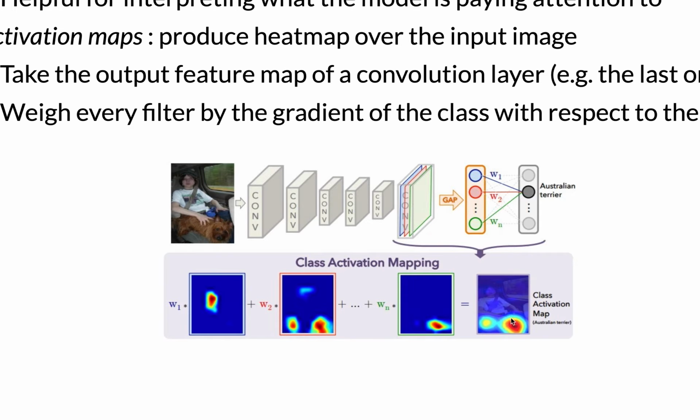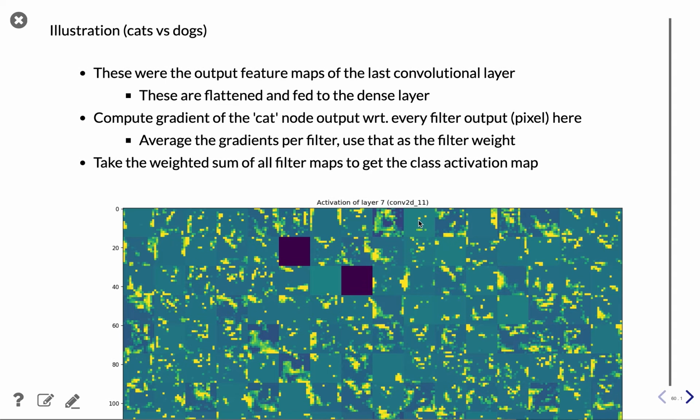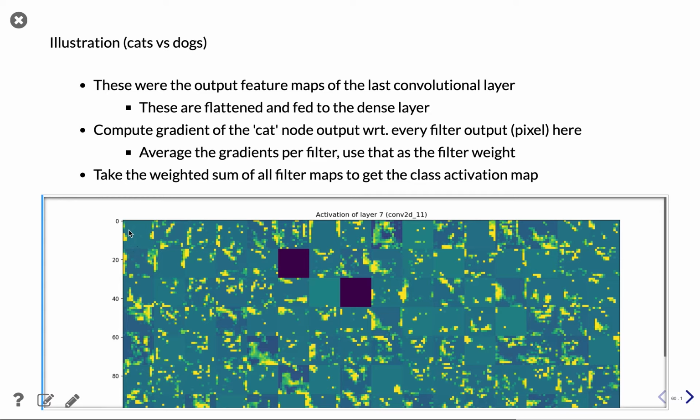And this should indicate where all these filters together are looking at when they make a classification. So if you would translate this to our cat versus dog situation here, we have different filters. Like this filter here, this filter here, this filter here.